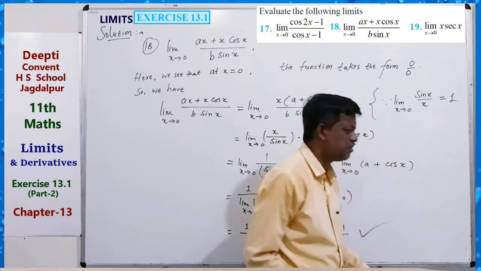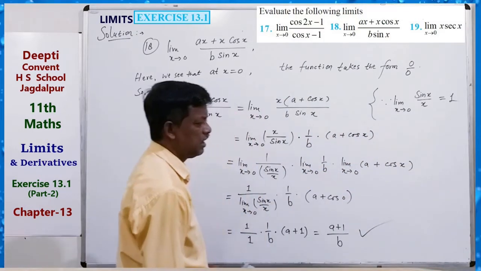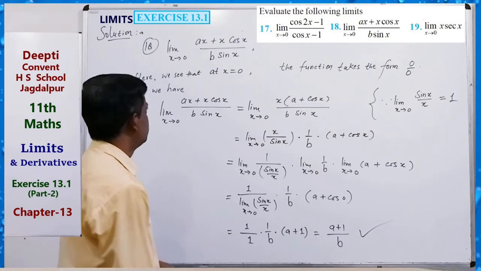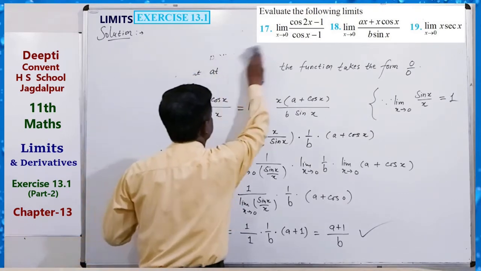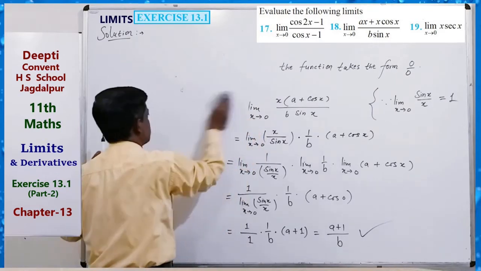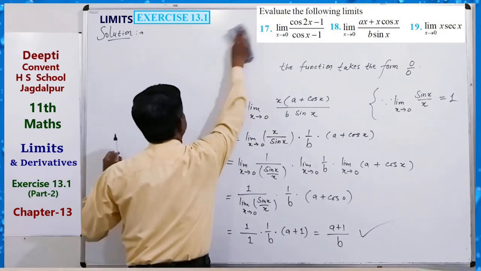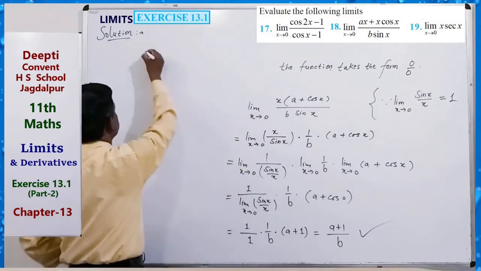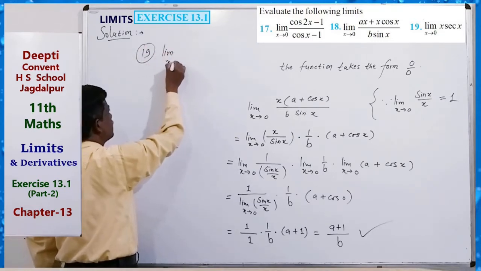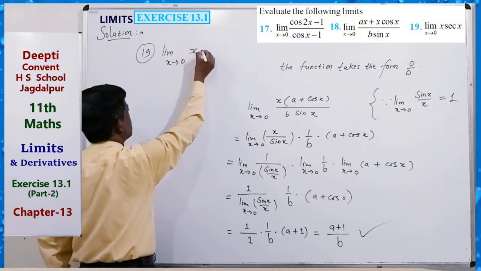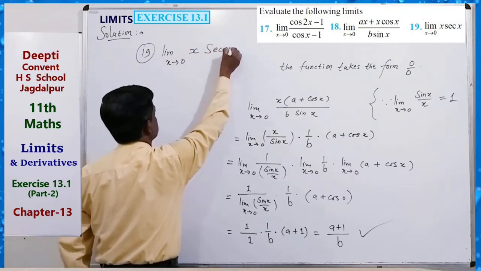Question 19 is a very simple question. x sec x means, question 19, limit x tending to 0 x sec x.